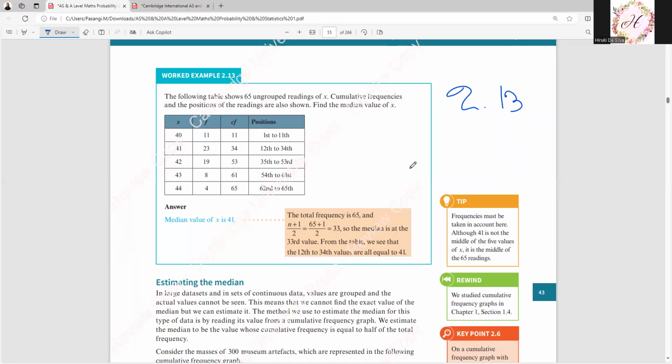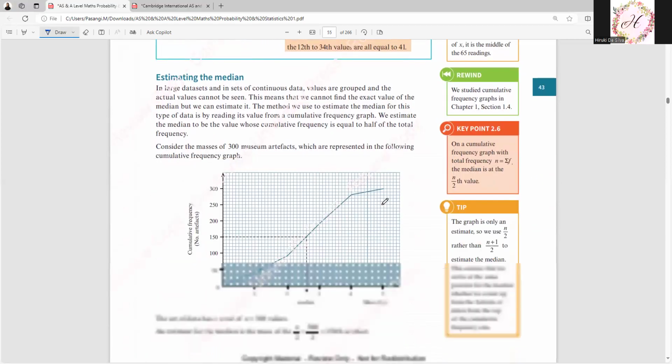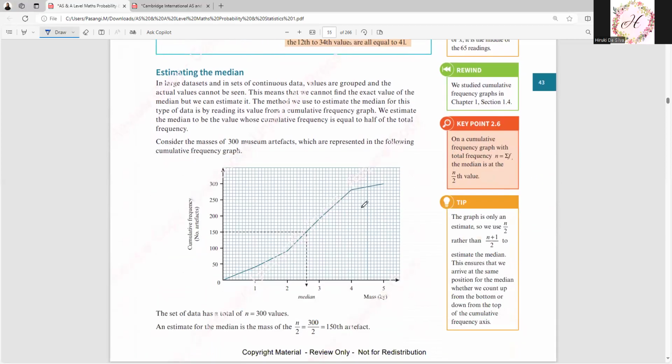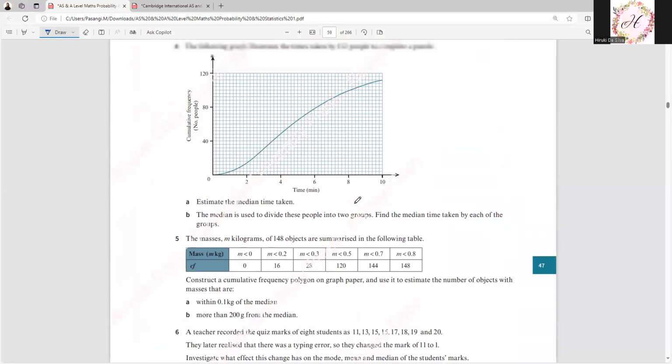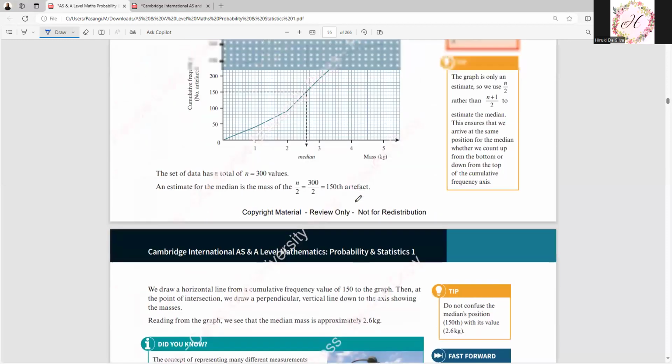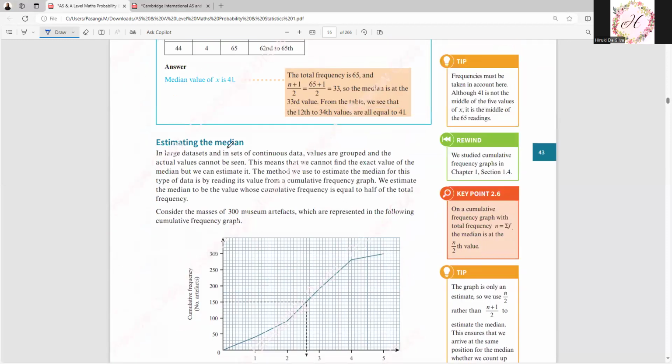Estimating the medians. Then we have the frequencies. For estimating the medians in large data sets and in sets of continuous data, values are grouped and the actual values cannot be seen.